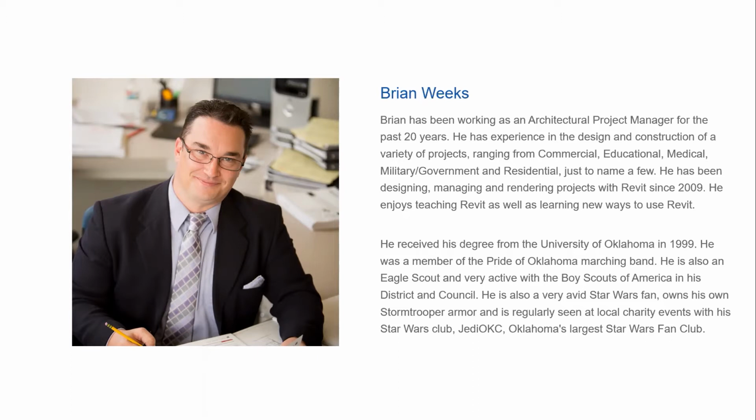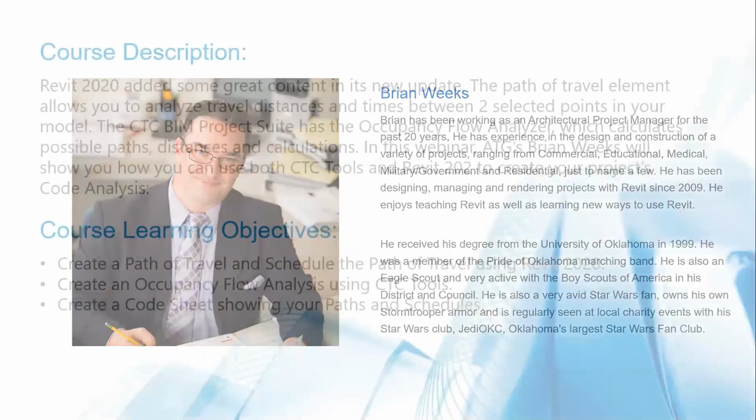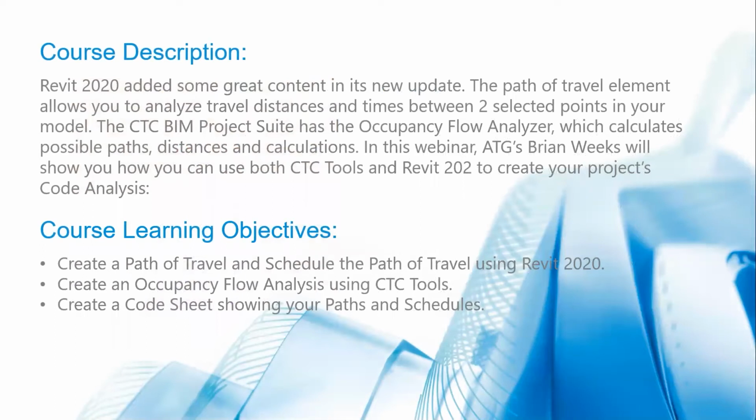So let's get started and talk about the course description. Revit 2020 had an update with a lot of different new tools, and one that's been requested for quite a while was a path of travel. The path of travel tool in Revit lets you analyze travel distances.